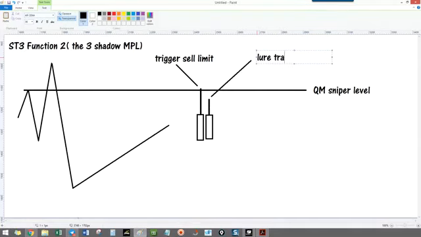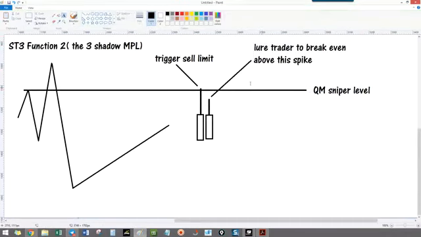you rather to break even above this. Okay. And then it drop like this. Okay. But before it drop, it do something like this.